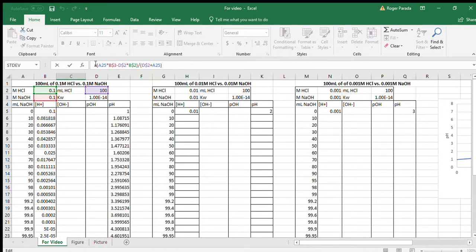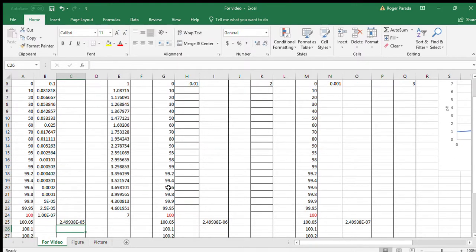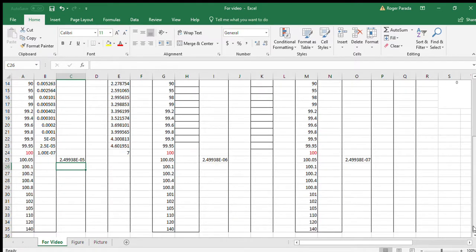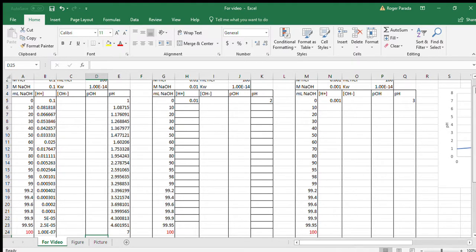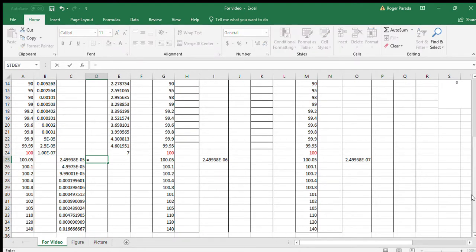And again, the only cell that isn't absolute reference is the volume of base. Excuse me. And once again, we click, drag, and that's our increasing concentration of base as we add excess base. And then here we have our POH, which is just, as you know, the negative log of OH concentration.